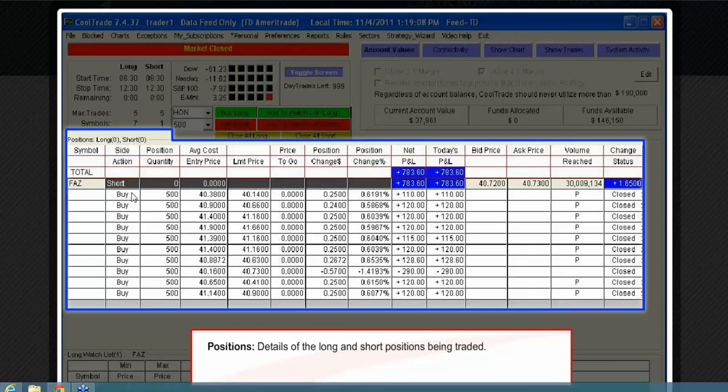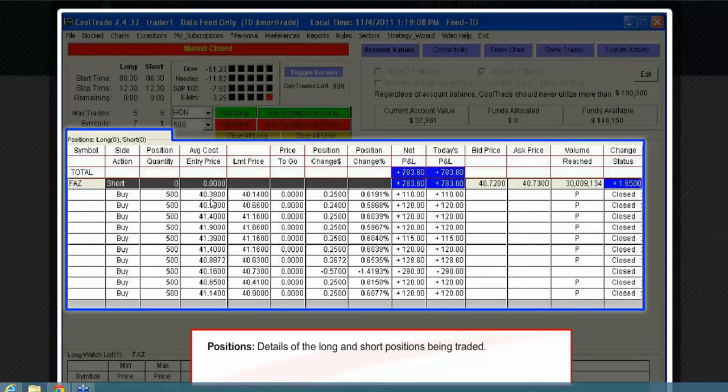Position quantity, the next column, is going to tell you how many shares you own. So it's going to tell you how many you own total, and then the quantity per trade. This particular one did a whole bunch of trades in one day. So it opened up the first position, bought 500 shares, and the next column is the entry price, what you paid for it, and then the limit price is the goal.